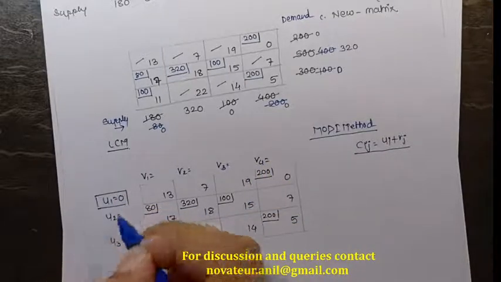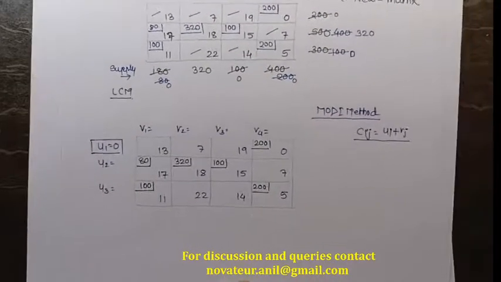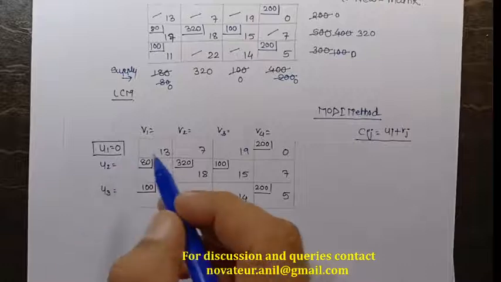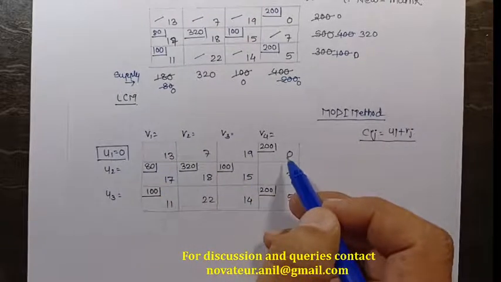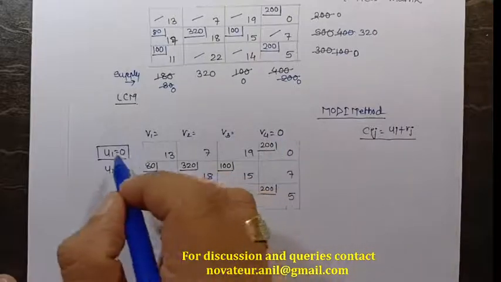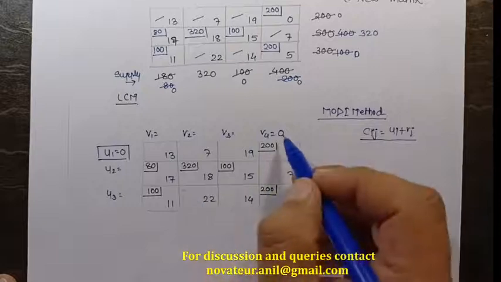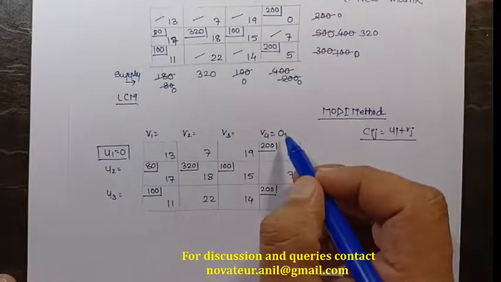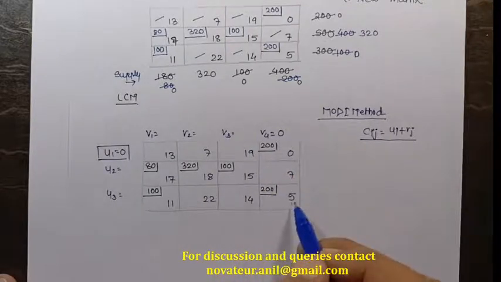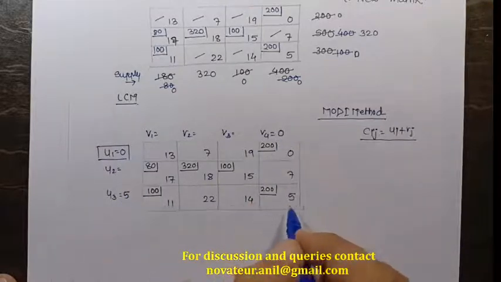I'm going to start my operations from this. 0 plus something will make me 0, so here I'll put 0. 0 plus 0 is 0. See, I'm following this. Next, 0 plus something is equal to 5, so this is 5.